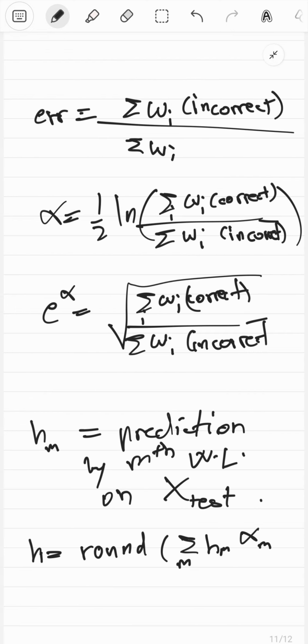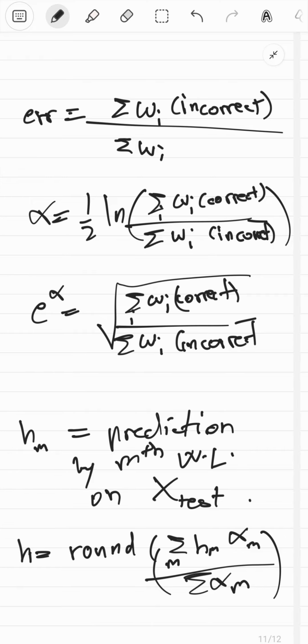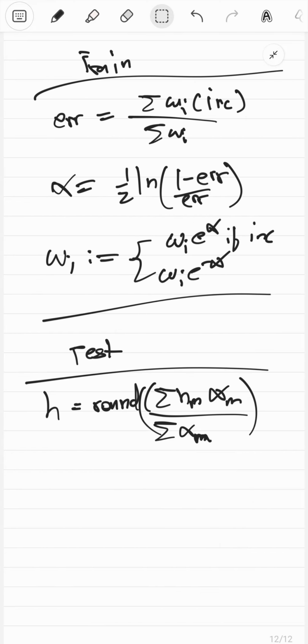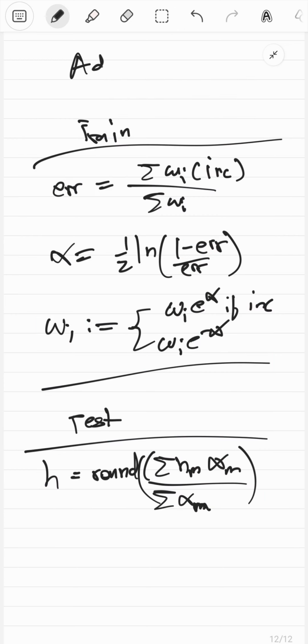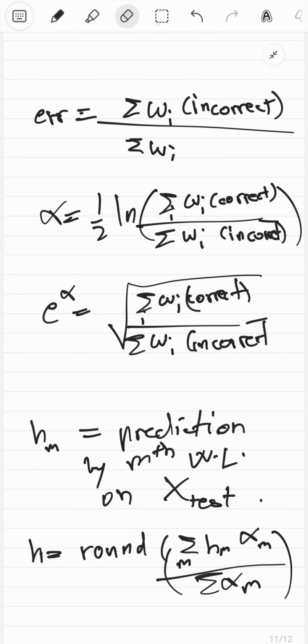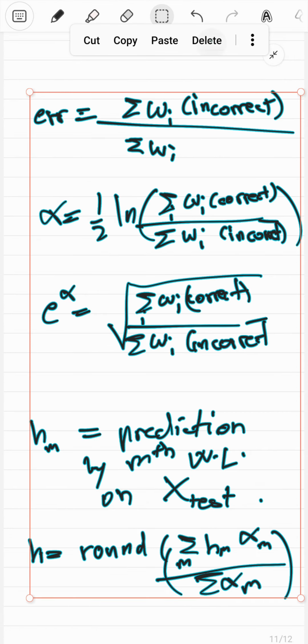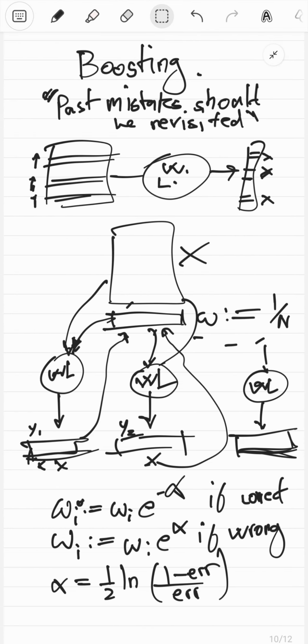Over here as well, there should be round of that upon summation of alpha m. And so this thing is AdaBoost. Cool. Let's just erase all of that. And this is just boosting.